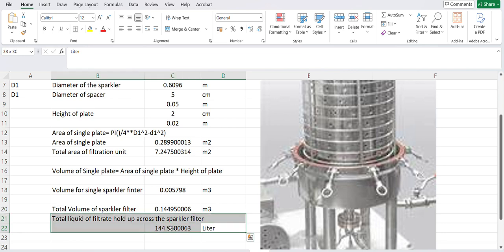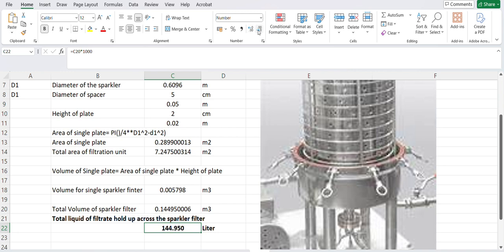It is that easy. Using a simple Excel spreadsheet you can calculate the volumes of the sparkler filter or any of the filters, or the area of filtration available for the filtration purpose.